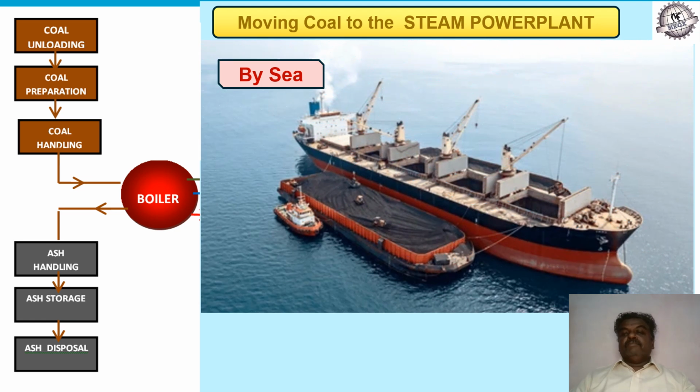Since these power plants are spread across the country, you have to move the coal from where the coal is mined to the place where it is utilized. That is the thermal power plants.